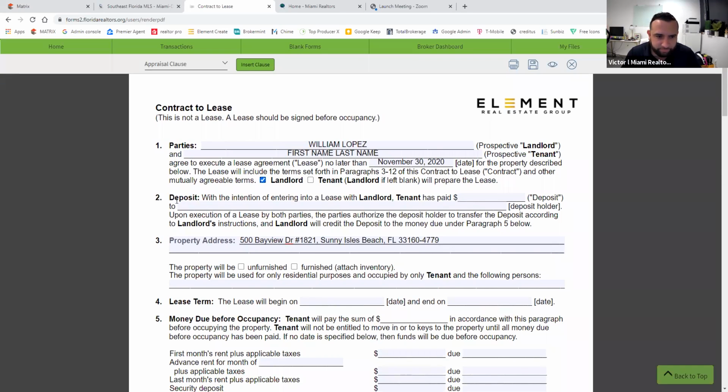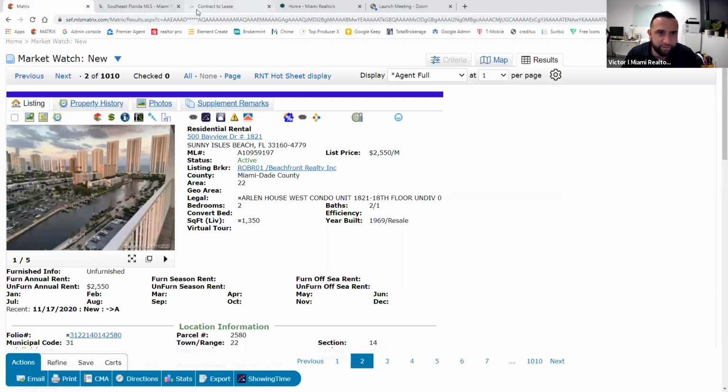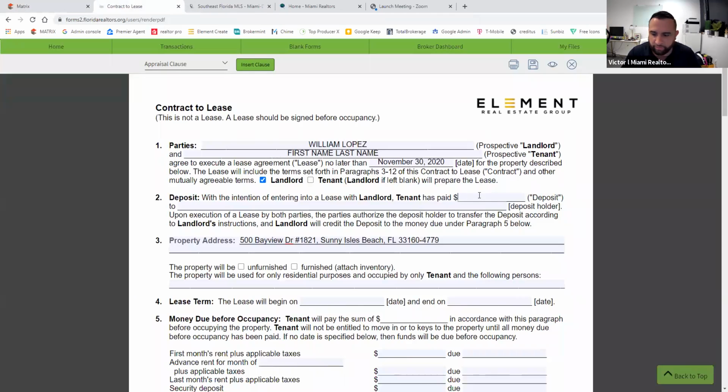All right. Number 2, the deposit. In this case, the rent was $2,550, so we're going to put here the deposit is $2,550. And in the event that we are holding it, we'll put Element Real Estate Group. Most of the time we will hold escrow for a rental.